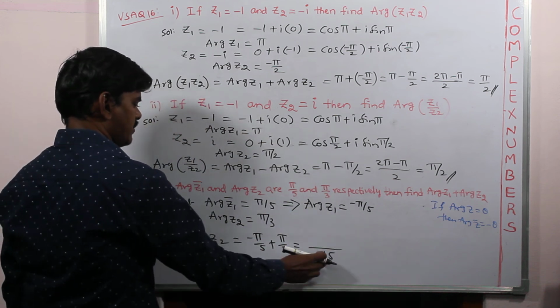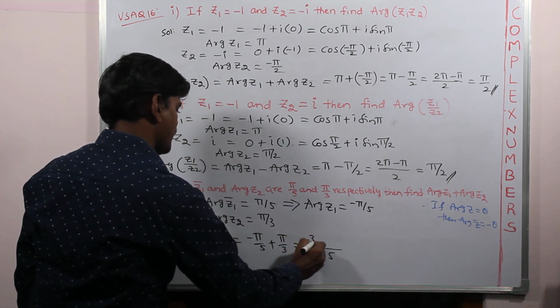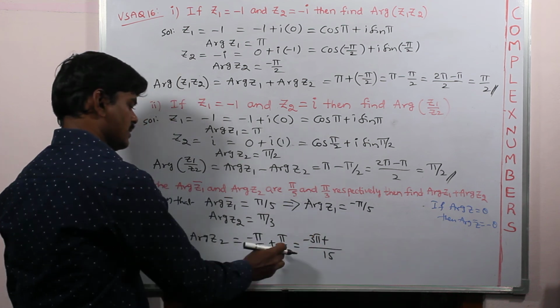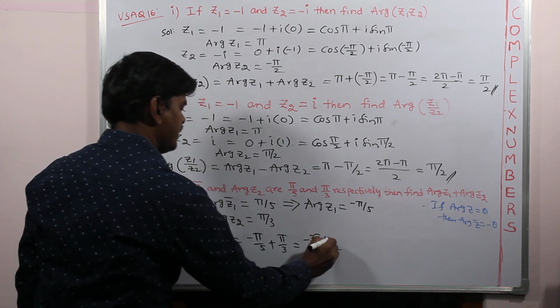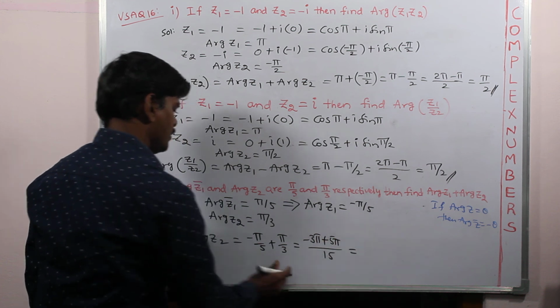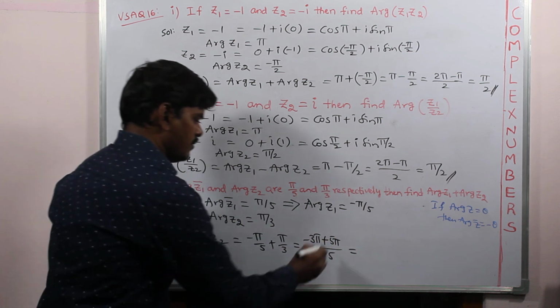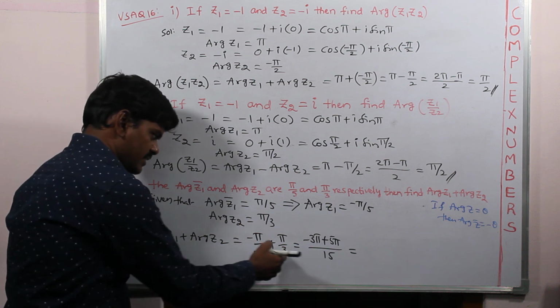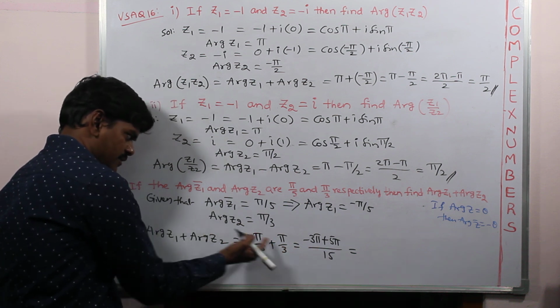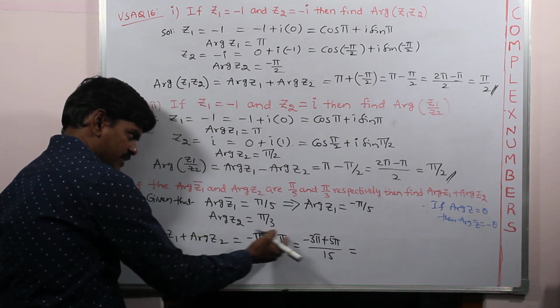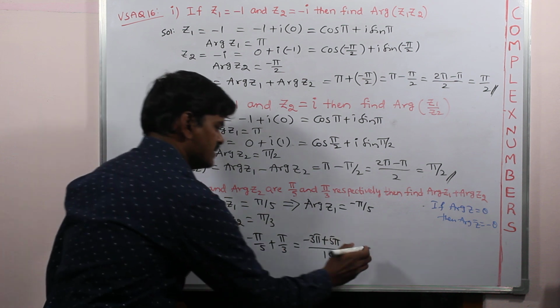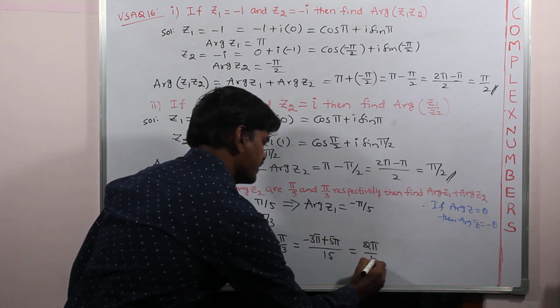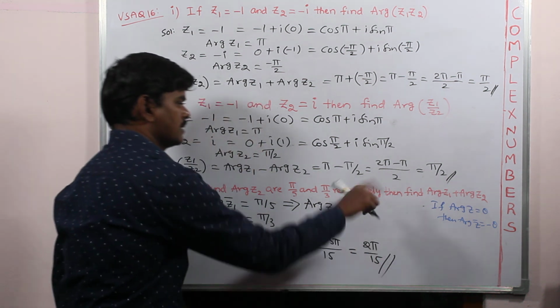Now 5 3s are 15, 3 into minus pi, minus 3 pi, plus 3 5s are 15, 5 into pi, 5 pi. You know this LCM method, right? 5 pi minus 3 pi, so 2 pi by 15 is the required answer.